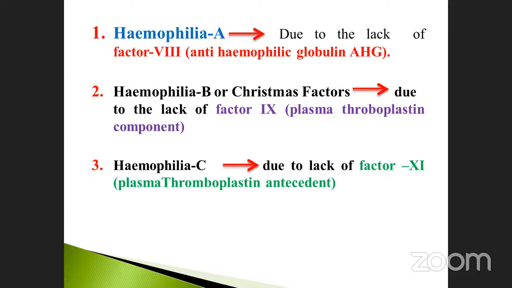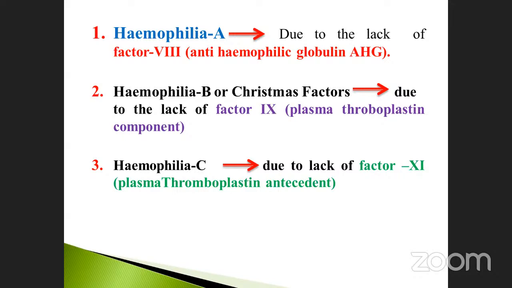It is due to the lack of the 11th factor, plasma thromboplastin antecedent. Don't forget, my dear students, these are very, very important. Many times they have asked questions, particularly about the Christmas factor, hemophilia B. They may ask how many types of hemophilia there are: hemophilia A, B, and C. And which one is responsible? They may ask a match the following question.